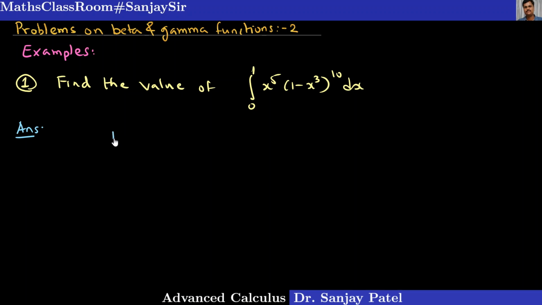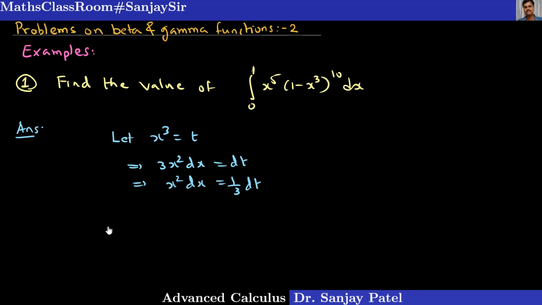So let us try x cube is equal to t. If x cube is equal to t, we can write 3 into x square dx is equal to dt. So I can write x square into dx is equal to 1 by 3 times dt.